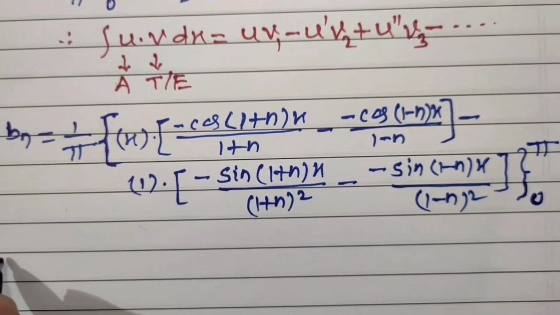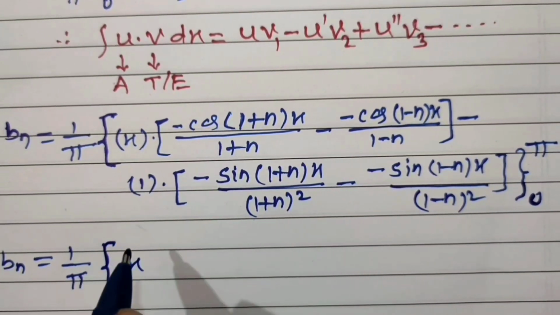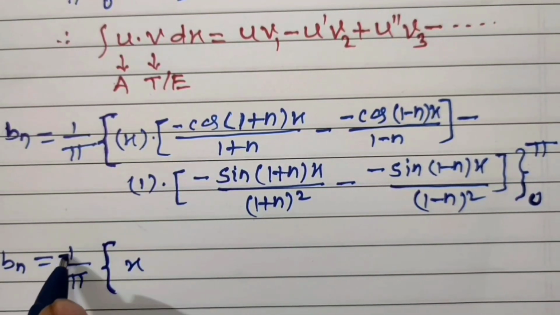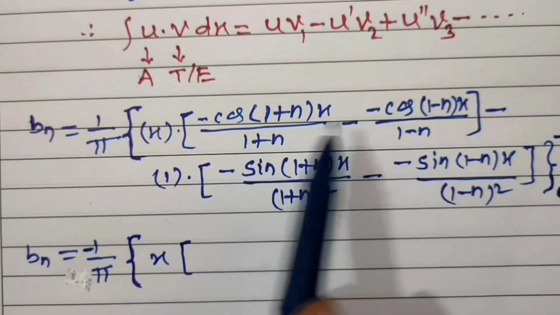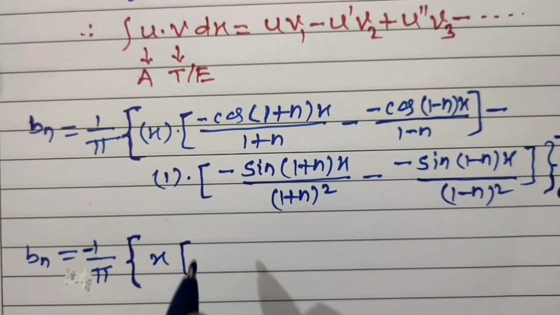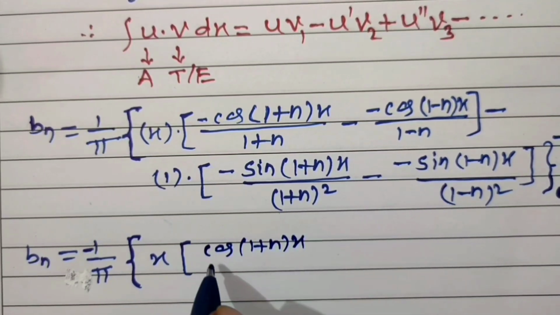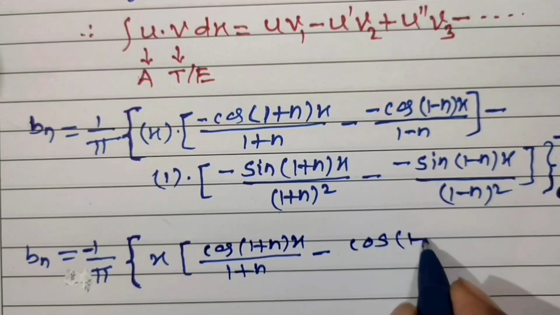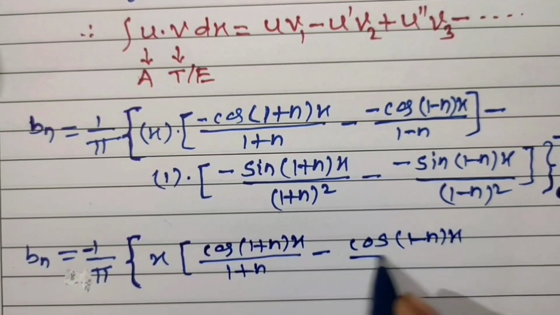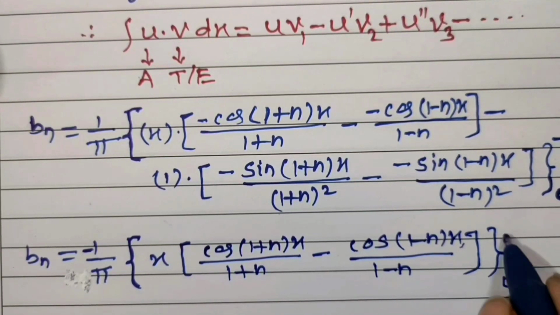Hence Bn is equal to 1 upon pi into x, this minus sign we can take outside the bracket. Hence Bn is equal to, now minus sign is taken common, into bracket remains cos of (1 plus n) times x divided by 1 plus n minus cos of (1 minus n) times x divided by 1 minus n, and limits from 0 to pi.